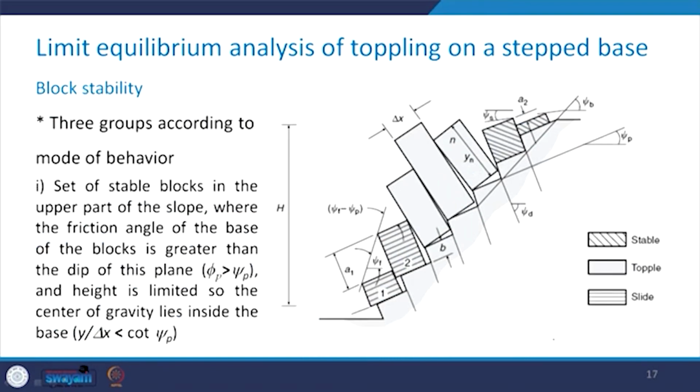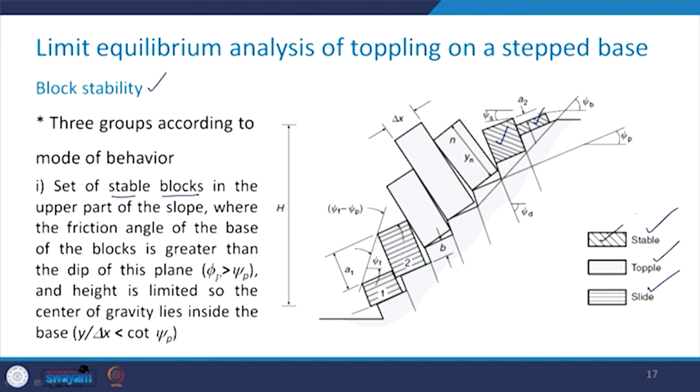Now, the second step is going to be the block stability. There are 3 groups according to the mode of behavior. I already explained to you that there can be stable blocks, toppling blocks, and sliding blocks. The first set comprises the stable blocks, and these will be in the upper part of the slope. As you can see, this block and this block are the stable blocks.